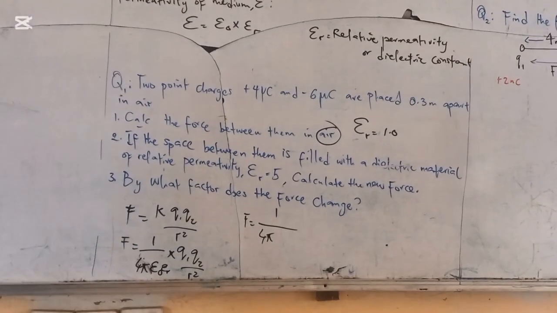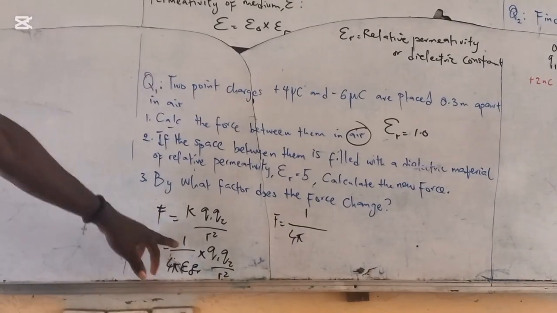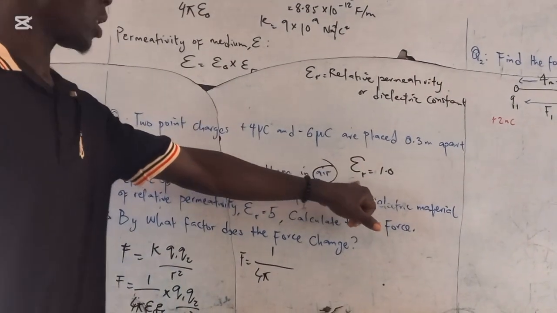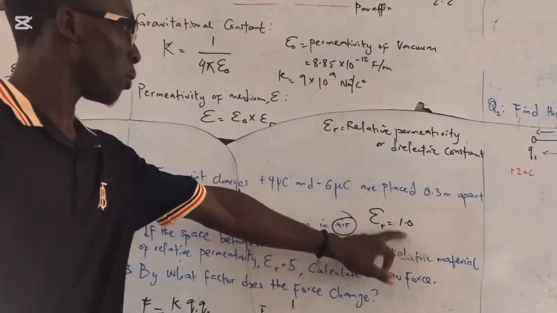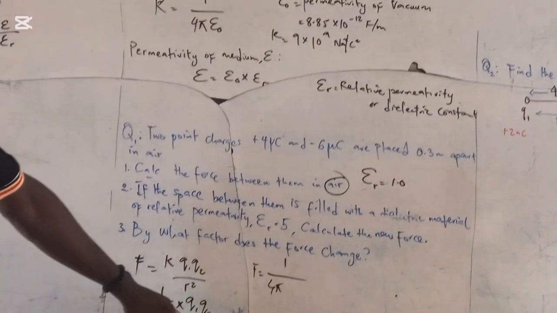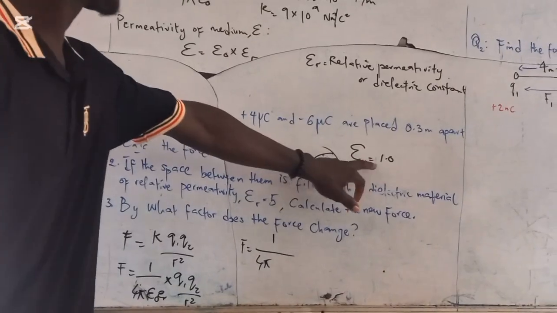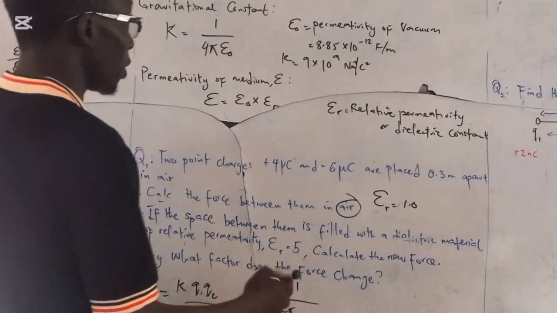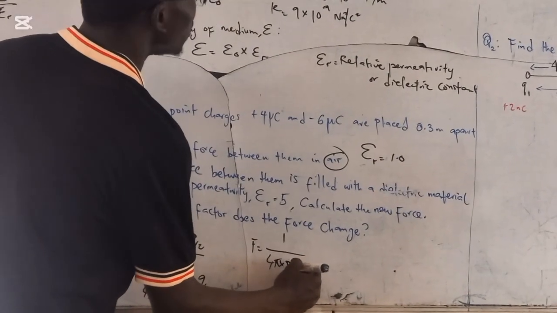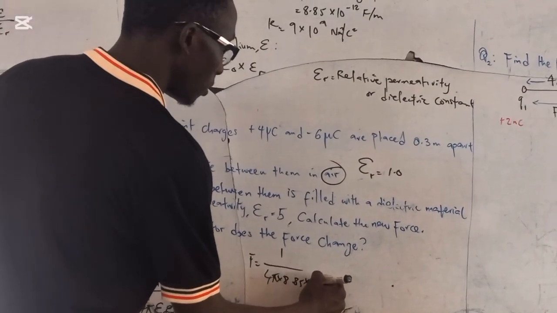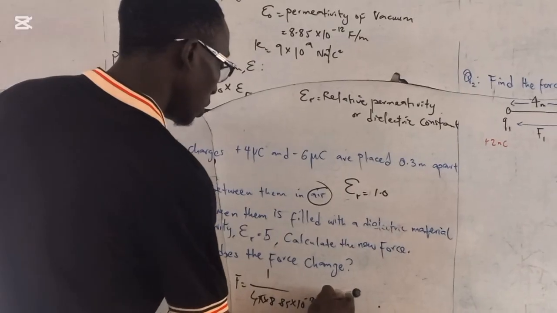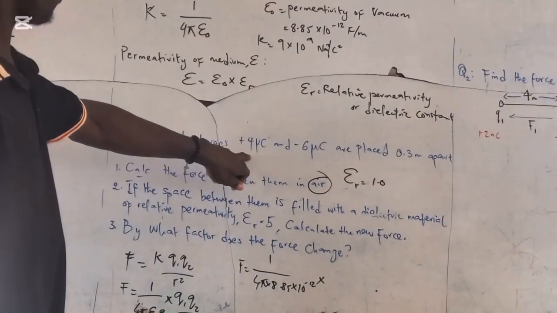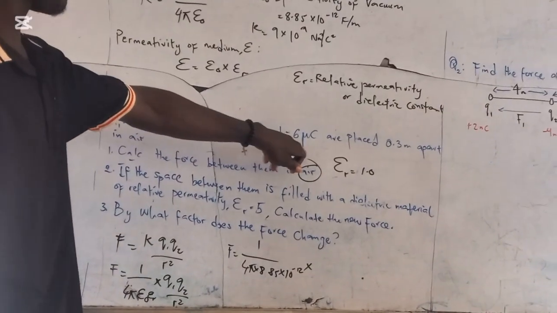So now we are calculating the force using this formula. Remember, this is 1 over 4 pi epsilon naught, and it includes a relative permittivity of 1.0. So we multiply that with the permittivity, 8.85 times 10 raised to the power minus 12. Then we take the two charges, plus 4 microcoulomb and minus 6 microcoulomb.